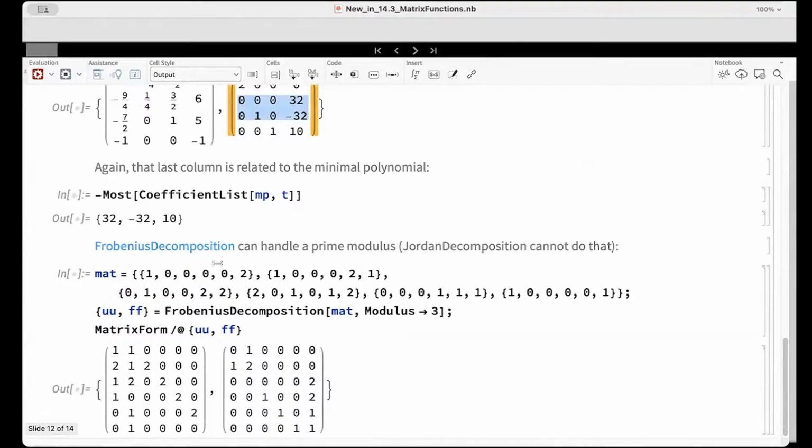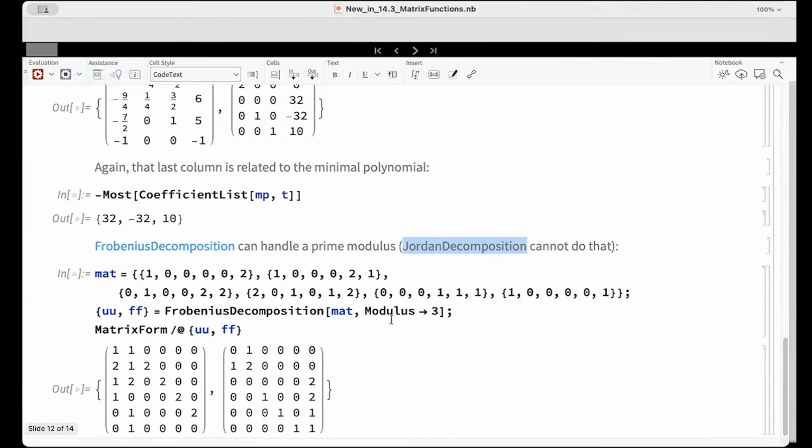Another advantage is that we can handle a prime modulus now. Jordan decomposition, which I should have linked to here and will, doesn't do that. In theory, one can do that when working with a prime modulus because you can define algebraic extensions mod primes.